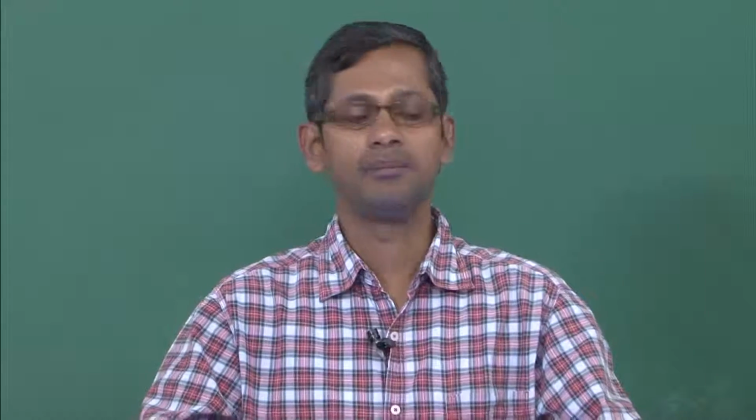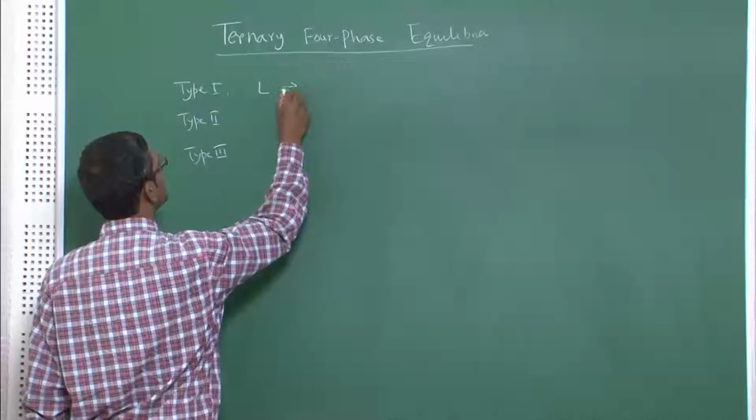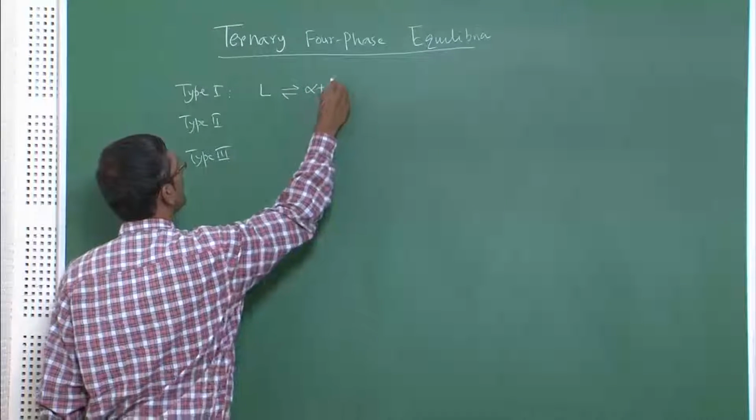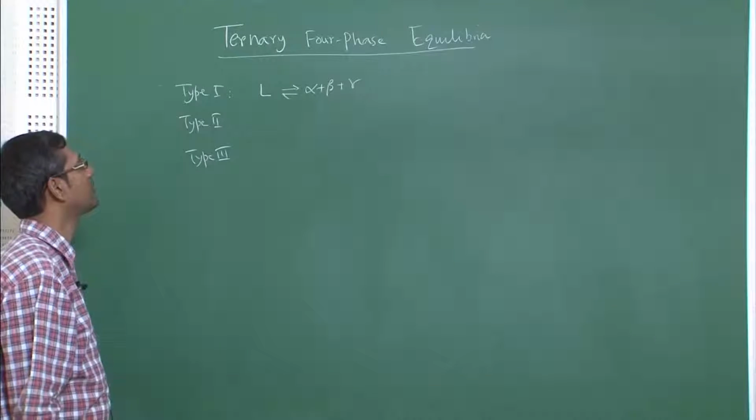Students, in the last part of the 4 phase ternary equilibria, we are going to discuss the type 2 equilibria in the ternary phase. In case you have forgotten, let me remind you that type 1 is the ternary eutectic, where liquid gets transformed to 3 solid phases.